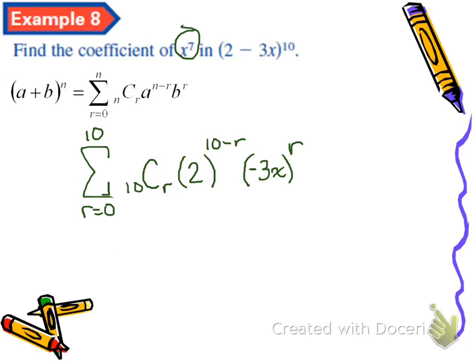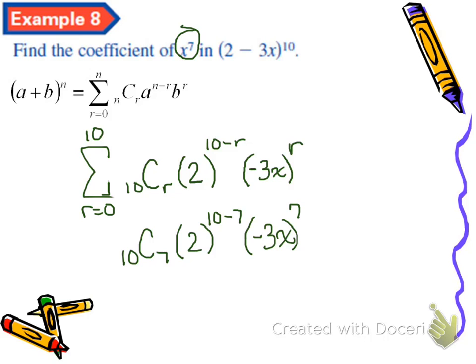So we're going to take the combination, put 7 in for the r, take the a term, put 7 in for the r, and then take the b term and put 7 in for the r. Now let's simplify.